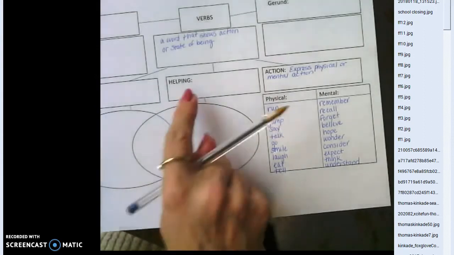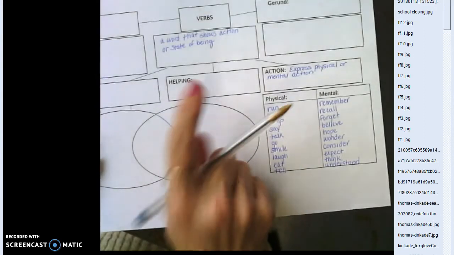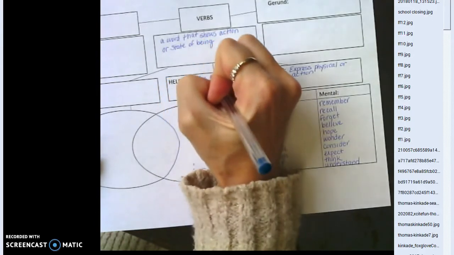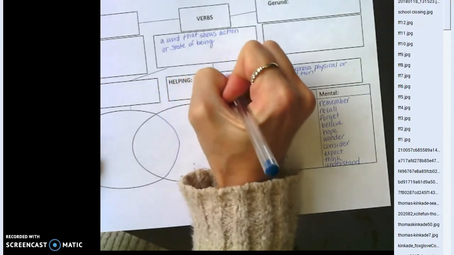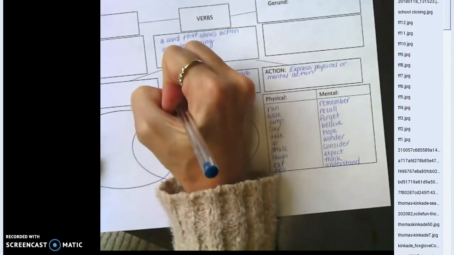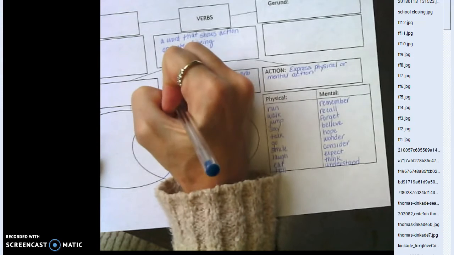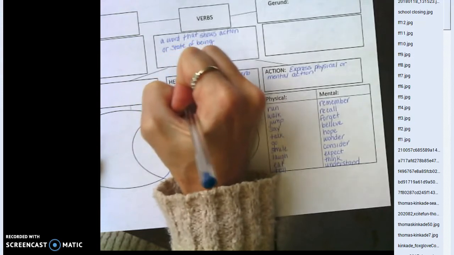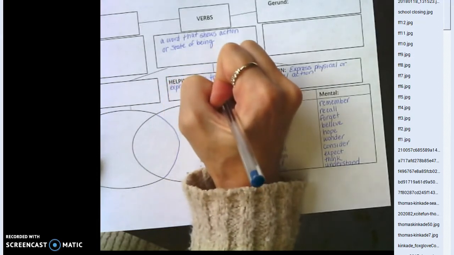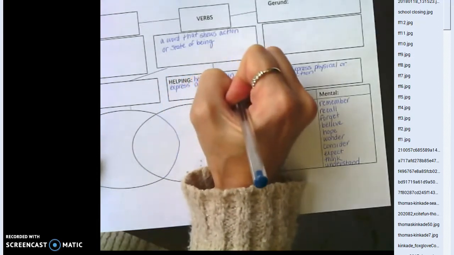All right, now helping verbs. Helping verbs, definition, helps the main verb show or express action or state of being.